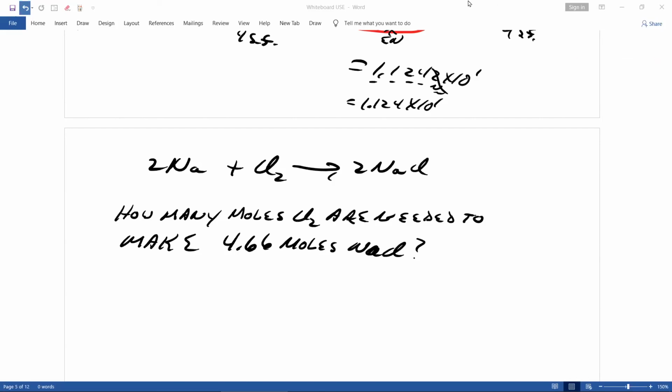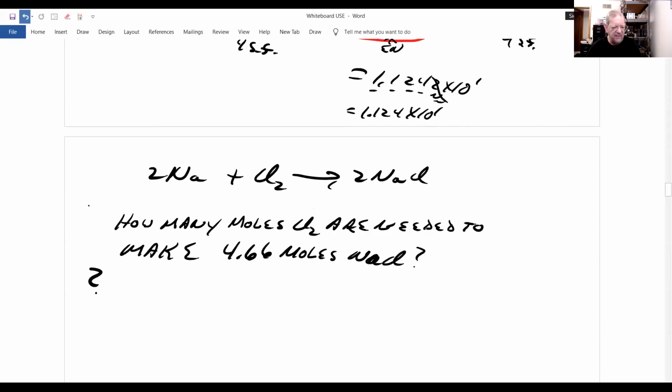All right, let's do this. What are we being asked to find? Moles of chlorine, Cl2. What are we given? 4.66 moles sodium chloride.